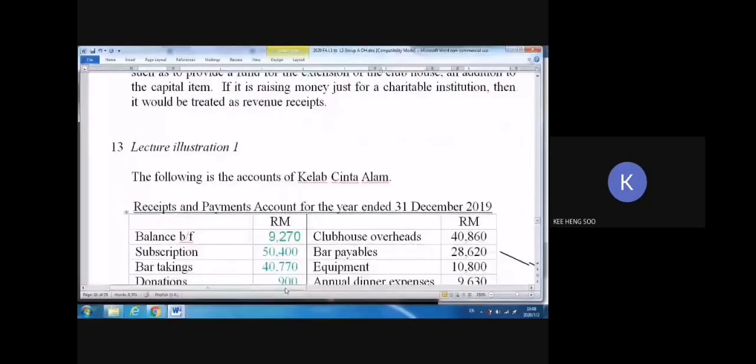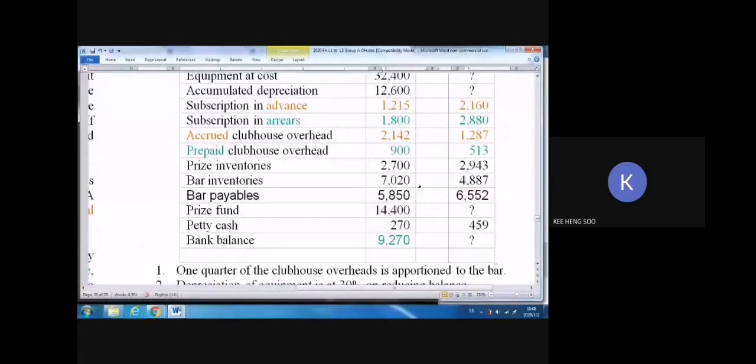Bar trading and bar inventory, opening and closing, not prize inventory. It's bar inventory. 7,020, 4,887. This is the bar inventory. Bar opening inventory is 927.